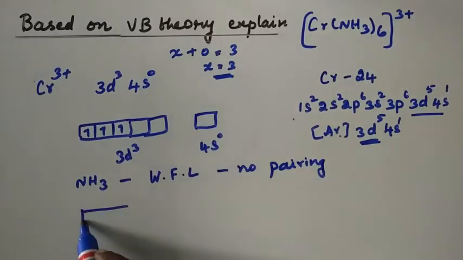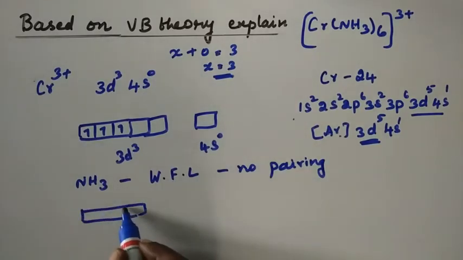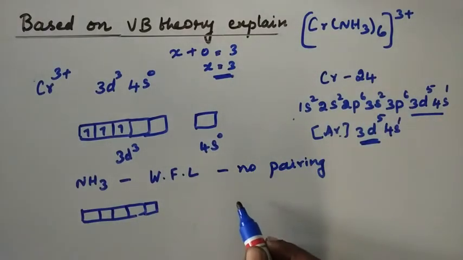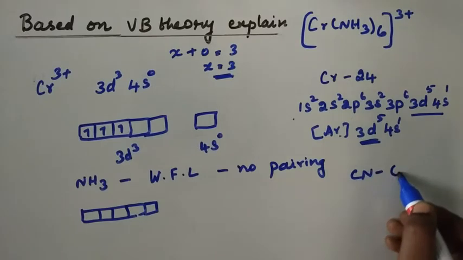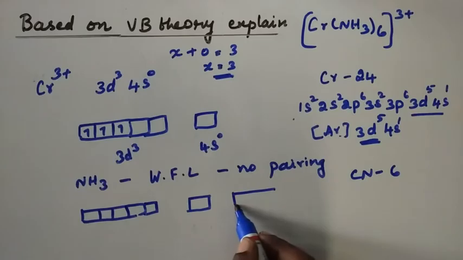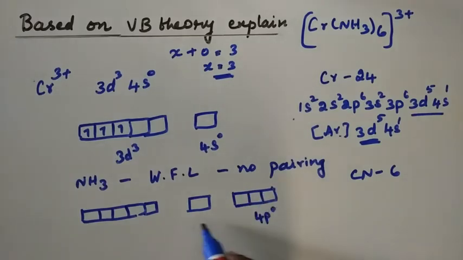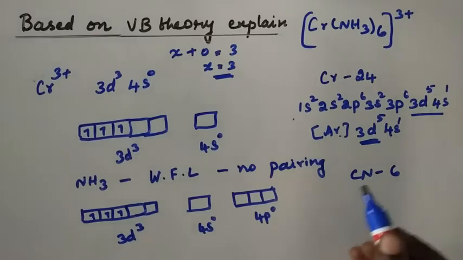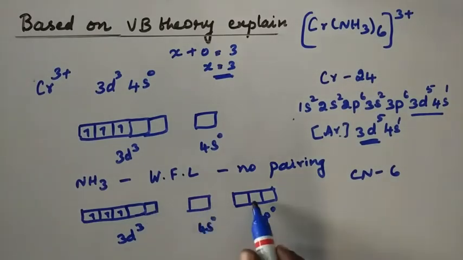So when the ligand approaches the metal atom, here the coordination number is 6. You see, NH3, coordination number is 6. So it needs 6 vacant orbitals. So we can take the 4p also, 4p0, 4s0. This is 3d3. 3 electrons are present here, and now this ammonia needs 6 vacant orbitals.